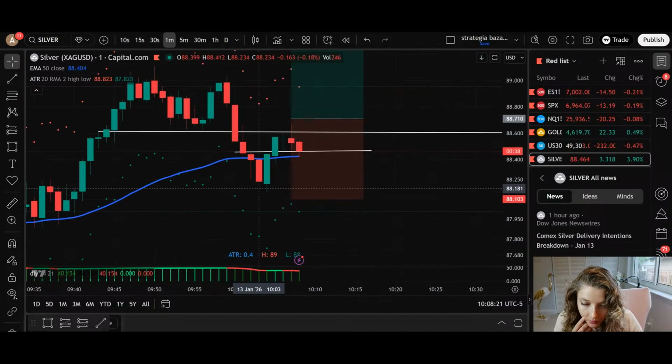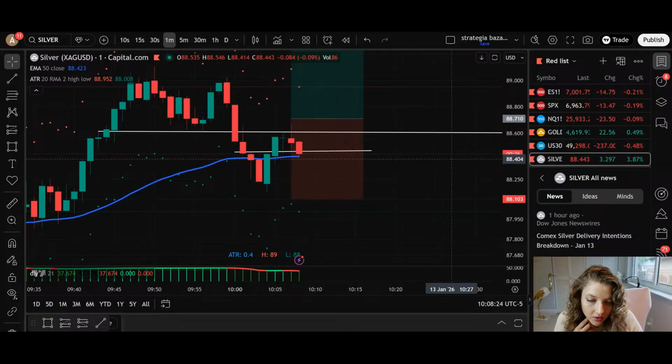Don't forget, a break of the EMA, I consider it fully bearish below.